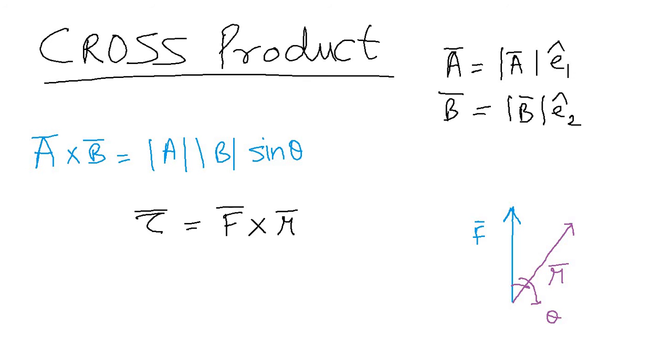I will talk about the directions of the cross products, but for now you can say, at least mathematically, it is possible to write the cross product still. So this would be given by the magnitude of the force times the magnitude of the position vector times the sine of the angle between the two.